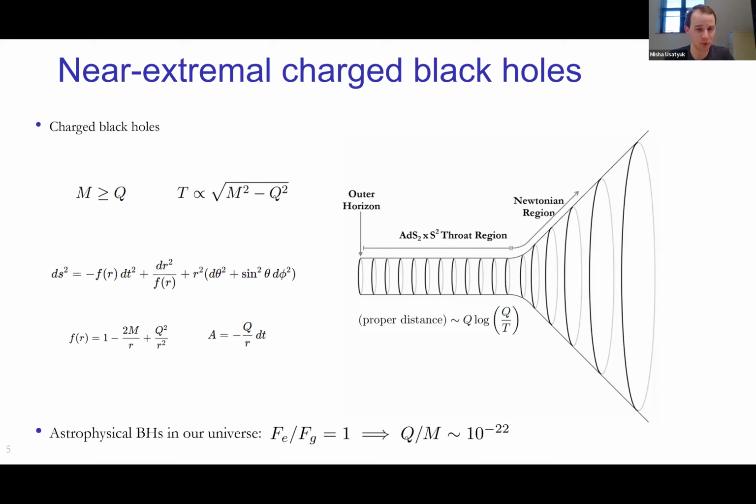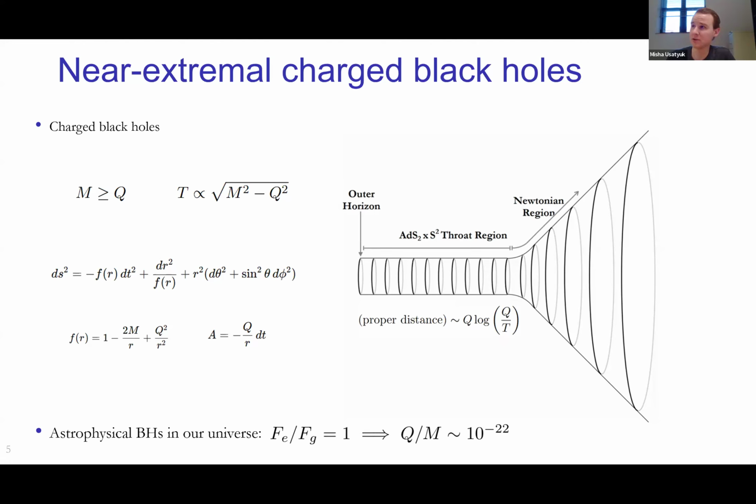Good. At this point, I should make a comment. Most of the astrophysical black holes in our universe have a charge to mass ratio that's very small. A standard estimate is the charge to mass ratio of the electron or positron, which is roughly 10 to the minus 22. The intuition is that an astrophysical black hole is in some interstellar medium with electrons and positrons floating around, and its charge can be very easily neutralized if it has excess charge by preferentially absorbing electrons or positrons.